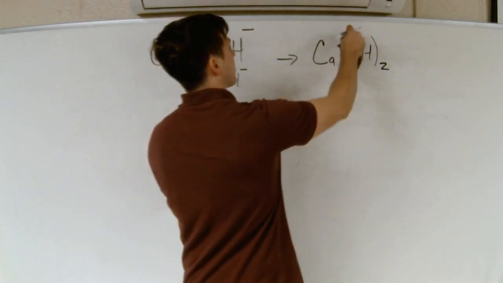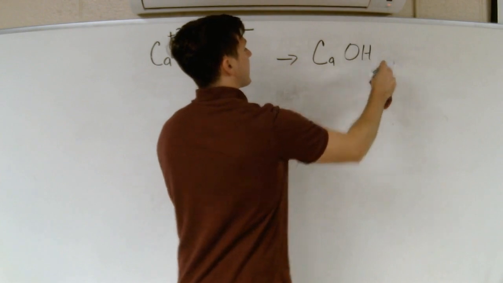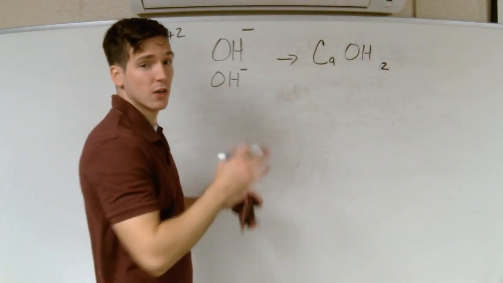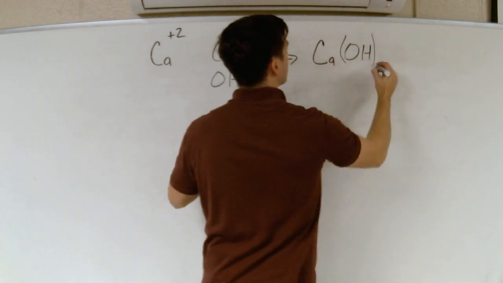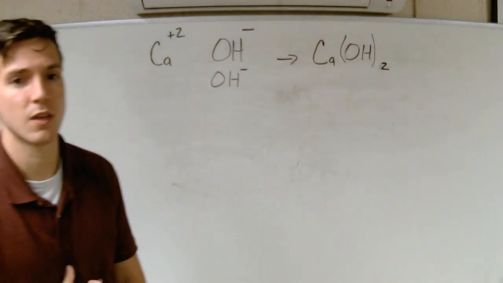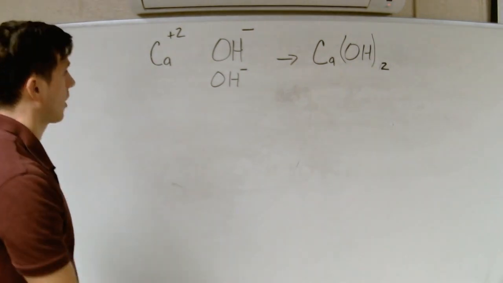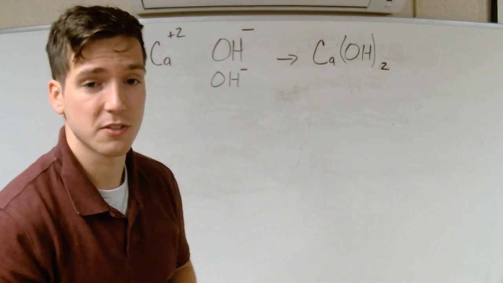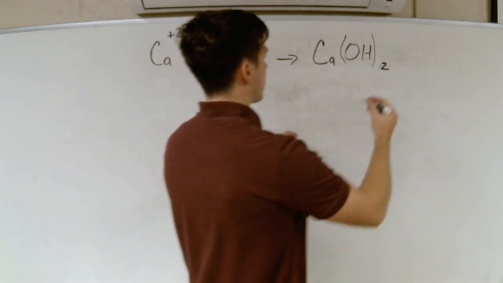If you don't, that's saying I have 1 oxygen and 2 hydrogens. That's not right. We need 2 hydroxides. Okay, let's do another one. Oh, let's name this first. Luckily these are easy. You just name the first element, which is calcium.